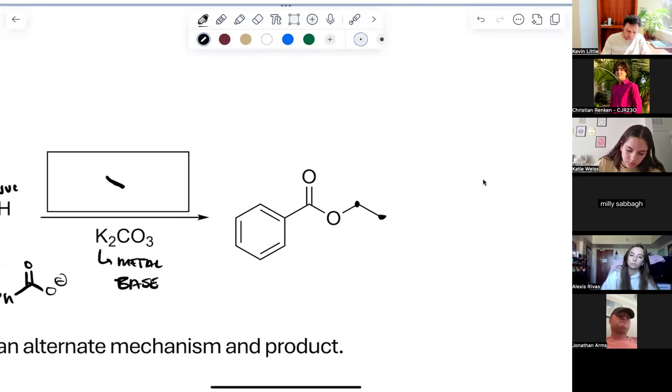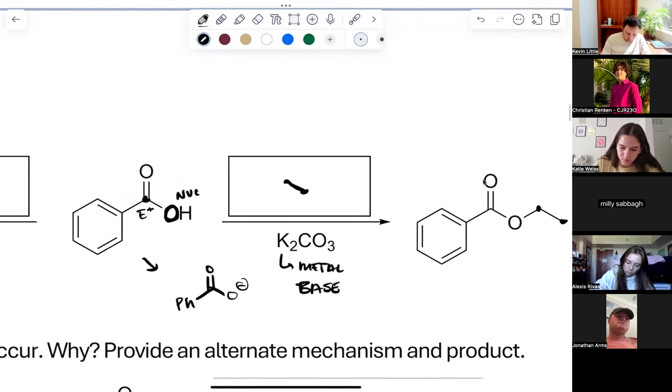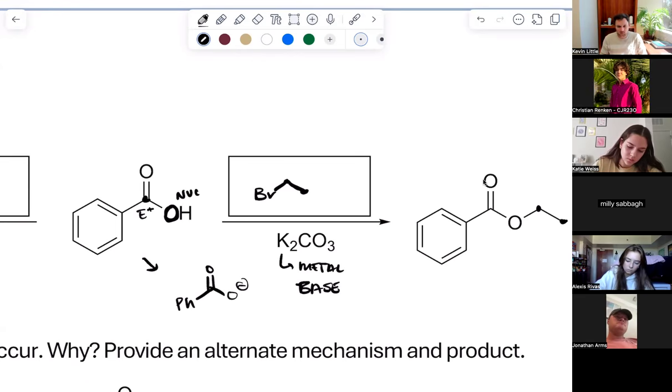So these two carbons, I need those two carbons no matter what. I'm going to balance the equation. And then since this is a nucleophile, I need that carbon to be electrophilic. So I'm going to put a leaving group on it to make sure that it's an electrophile, right?